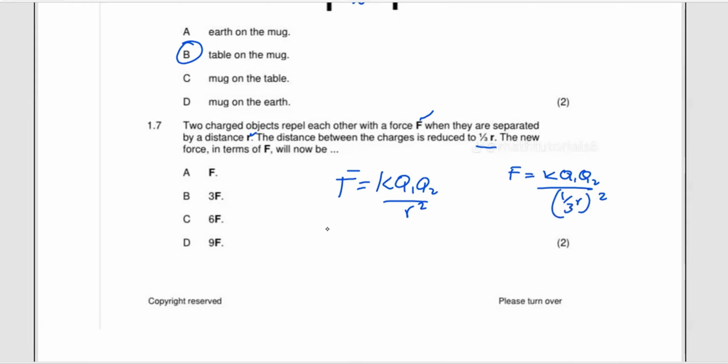So 1 over 3 squared is going to be 1 over 9, meaning that our answer should be 9 K Q1 Q2 over R squared, which is 9 times the F. If the distance decreases, the force should be getting greater and bigger.